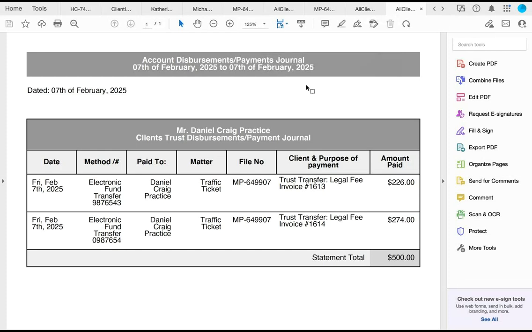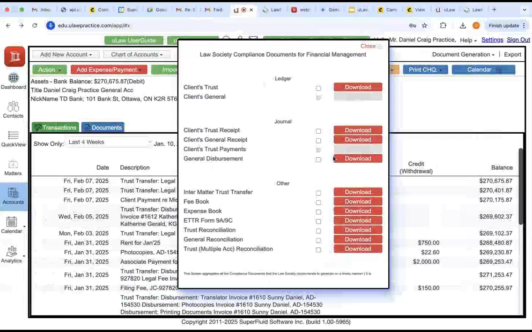Alongside this, the other statement, I have another question here. Nice question. Okay. All your legal fee that gets billed and you transfer the money from trust to the general, you can either see it here under the client trust disbursement or payment journal.